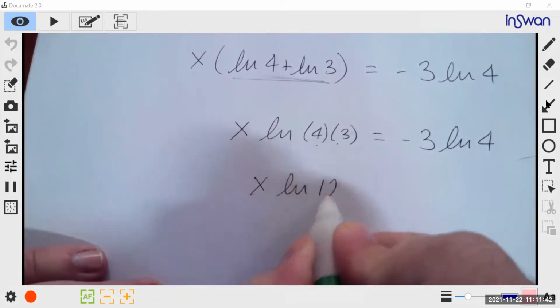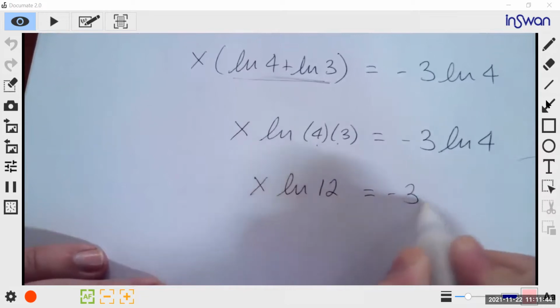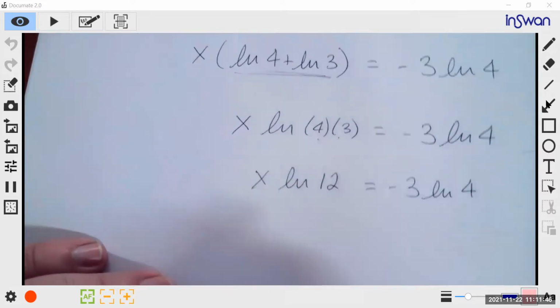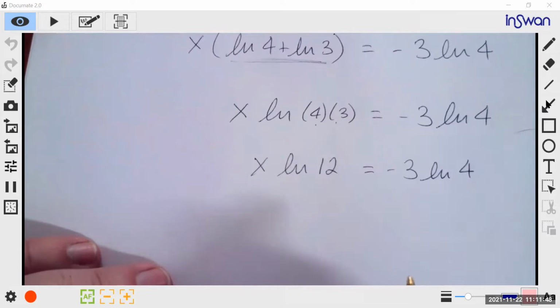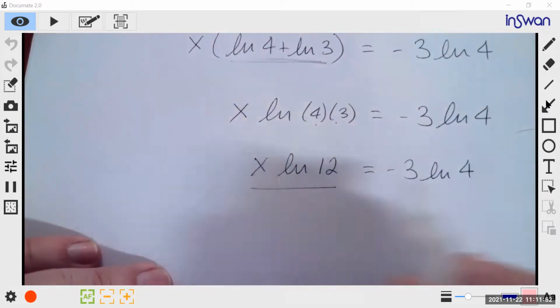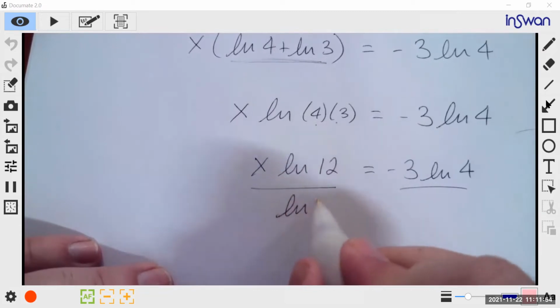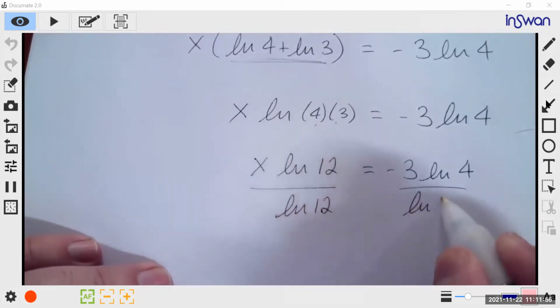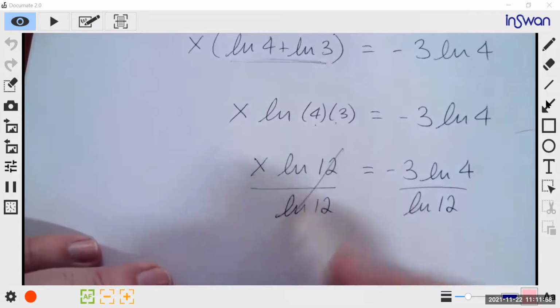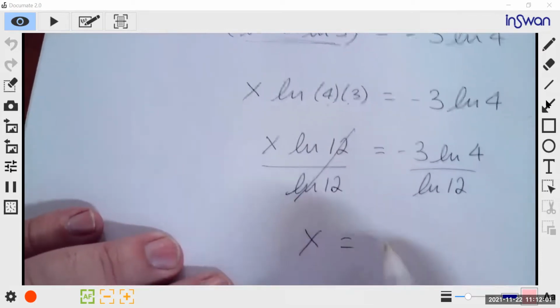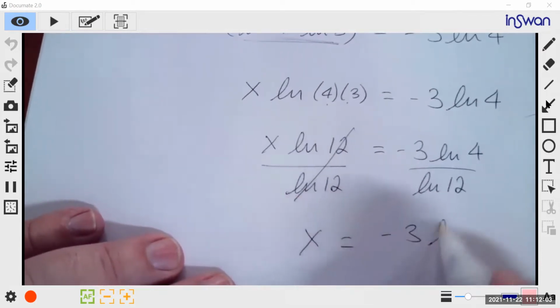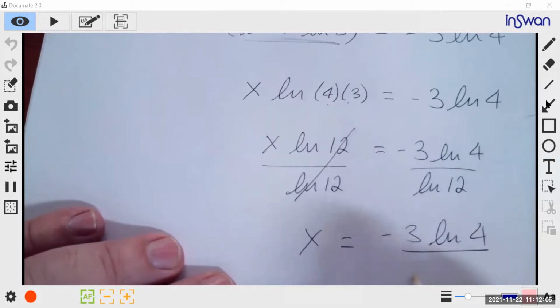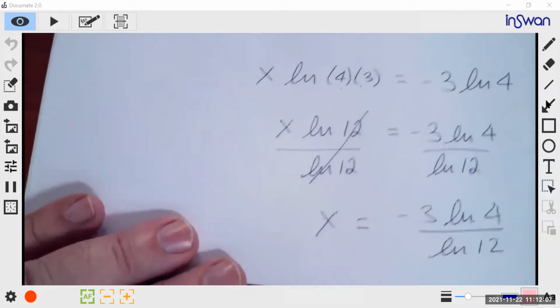Ln 4 plus ln 3 becomes ln of 4 times 3, which is ln 12. Last step: divide by ln 12. So we have x equals negative 3 ln 4 over ln 12.